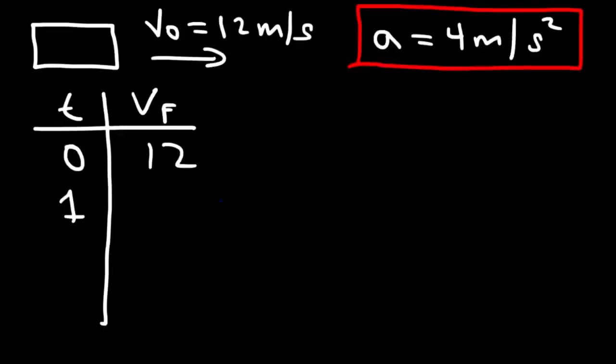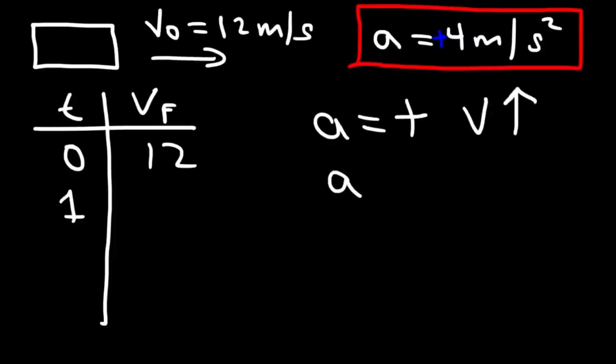Because the acceleration is positive 4, the velocity is increasing by 4 meters per second every second. Anytime acceleration is positive, the velocity is increasing. Anytime the acceleration is negative, the velocity is decreasing.